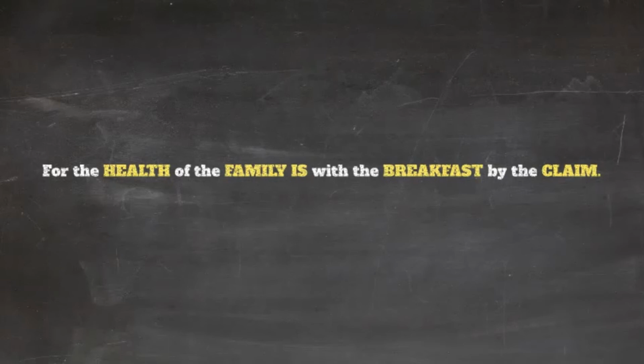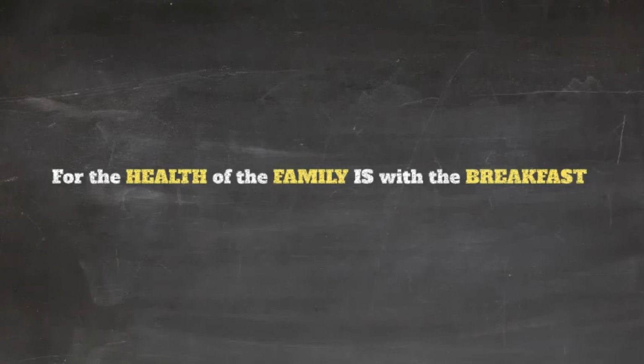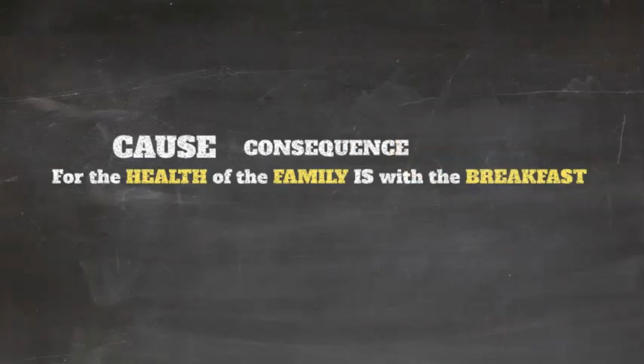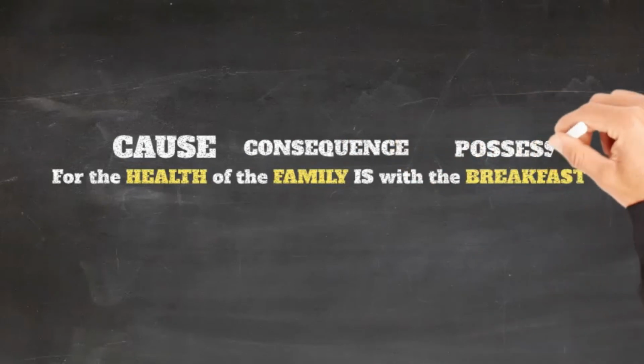Maybe she would be asked, what are the terms and conditions to your statement? What did you have for breakfast? The cause is health. The consequence is the family. And the possession is breakfast.